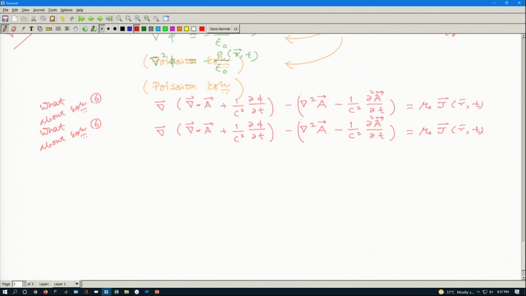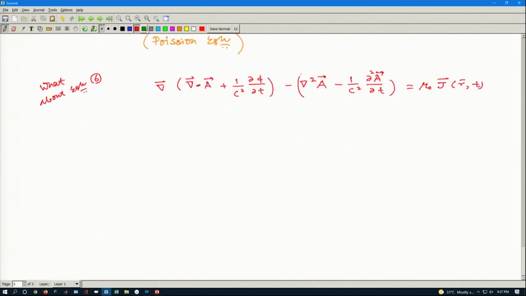Now, under the Coulomb gauge condition, this term is 0 here, and that is all. So, if this term is 0, then we have the equation in this way.